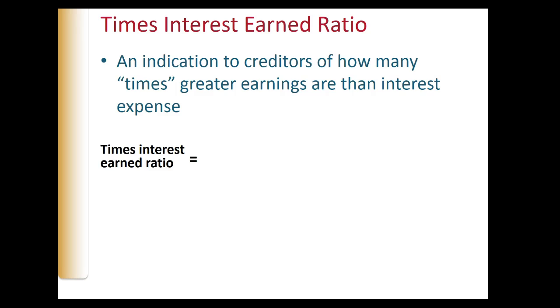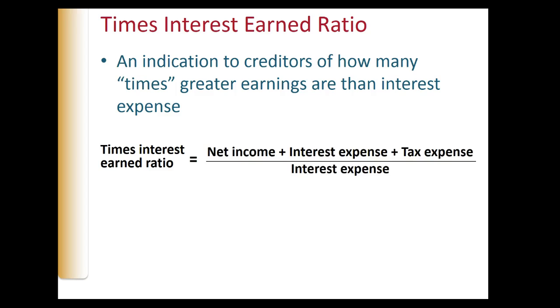Lenders require interest payments in return for the use of their money. Failure to pay interest when it's due may invoke penalties, possibly leading to bankruptcy. A ratio often used to measure this risk is the times interest earned ratio. This ratio provides an indication to creditors of how many times greater earnings are than interest expense.